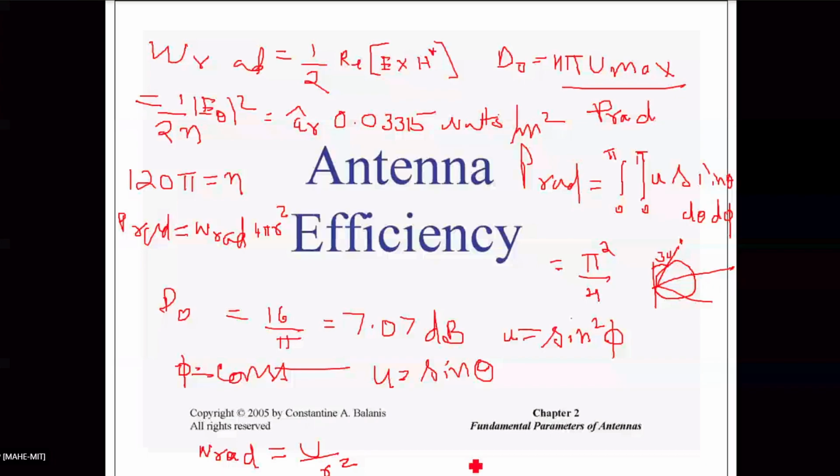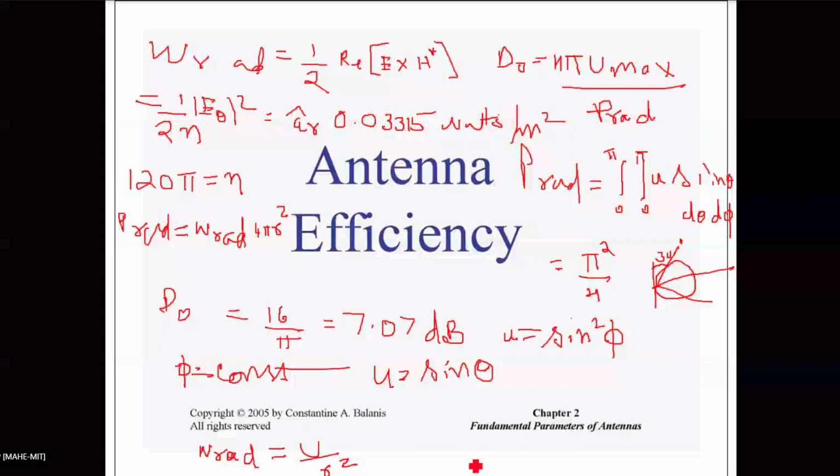In what direction does the maximum occur? Vertically upward, theta is equal to 0. Is 180 degrees valid? No, sir, because there U doesn't exist. So only theta is equal to 0 degrees, and the value is 6.366 into 10 raised to the minus 6 watts per meter square.